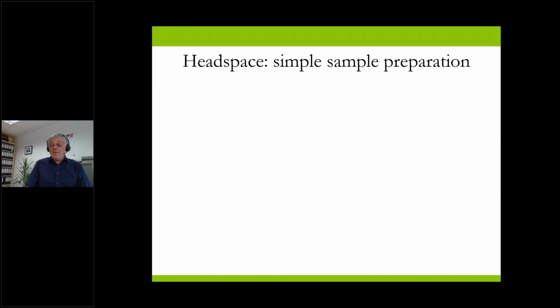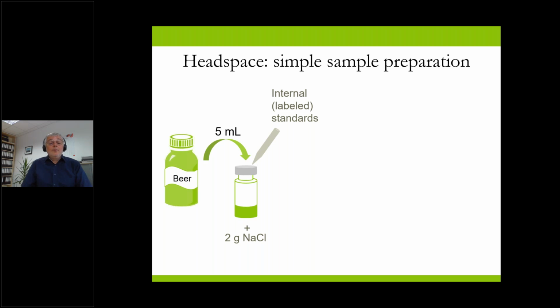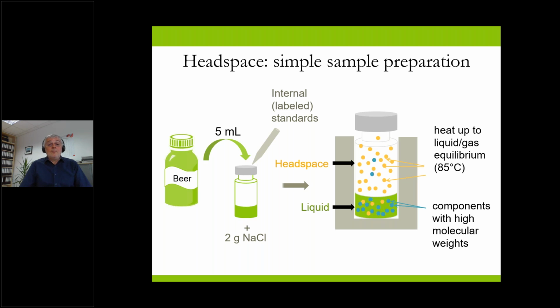Some details on the method. As you know, headspace is the simplest sample preparation for a beer sample. You take 5 milliliters of your sample, add some salt to get a saturated solution in the end, and add some internal standards. In our method, we use labeled standards. Then you heat up this vial, in our case to 85 degrees, and you get a separation between a liquid phase and some molecules in the headspace.